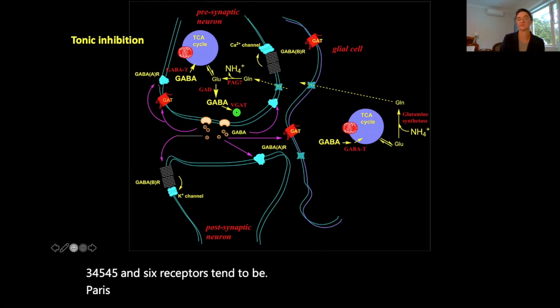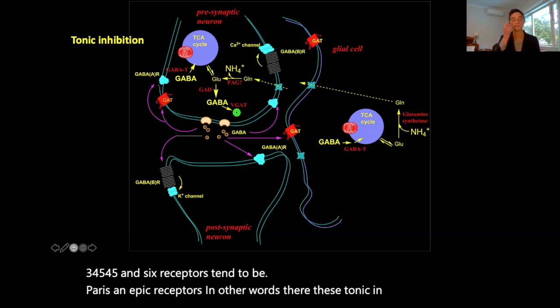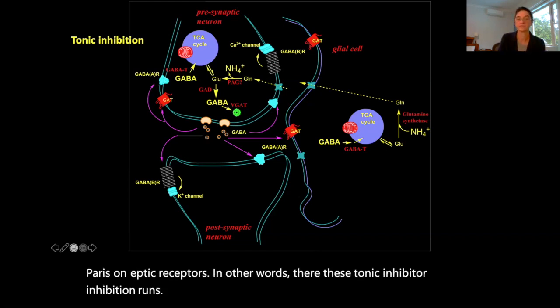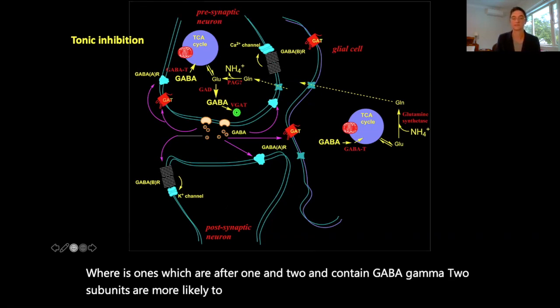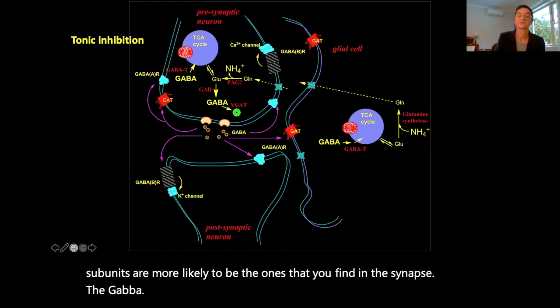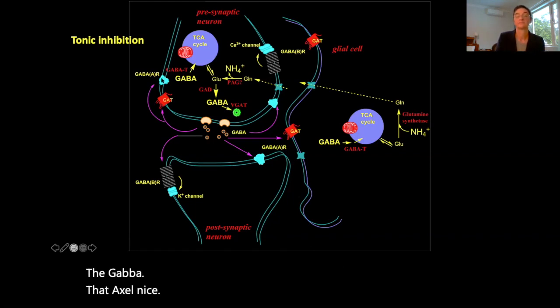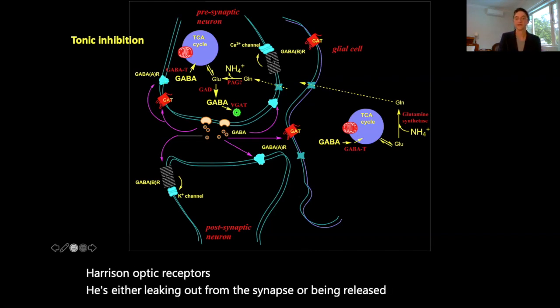In other words, they're these tonic inhibition ones, whereas ones which are alpha 1 and 2 and contain gamma 2 subunits are more likely to be the ones that you find in the synapse. So the GABA that acts on these perisynaptic receptors is either leaking out from the synapse or being released from reversal of the GABA transporters.